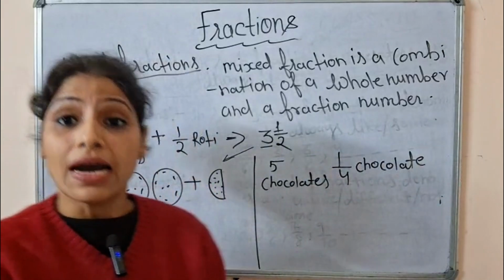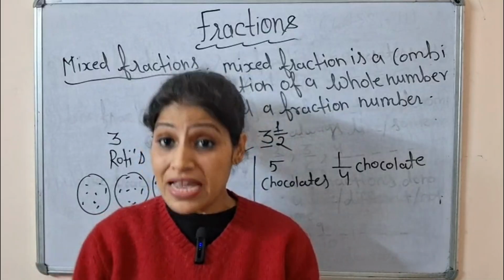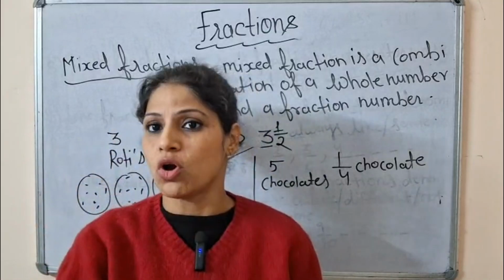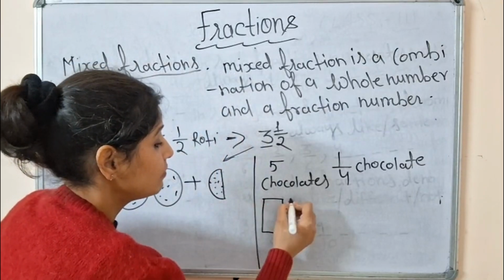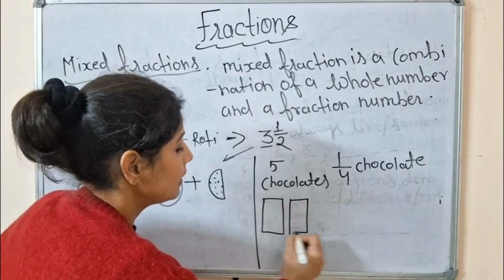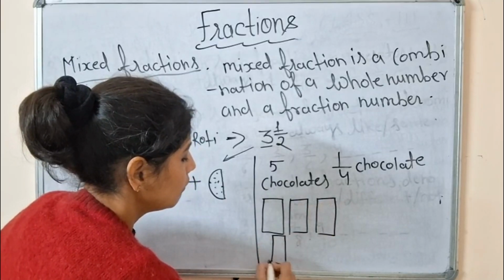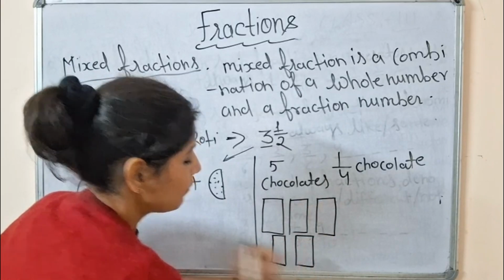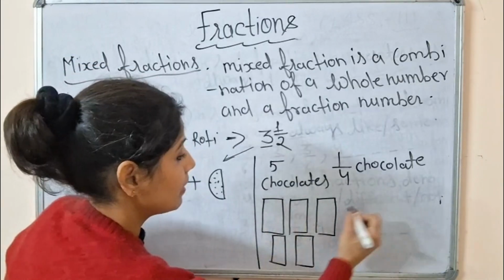In a birthday party, my best friend gave me 5 chocolates. 1, 2, 3, 4 and 5. ये आपका chocolate है.